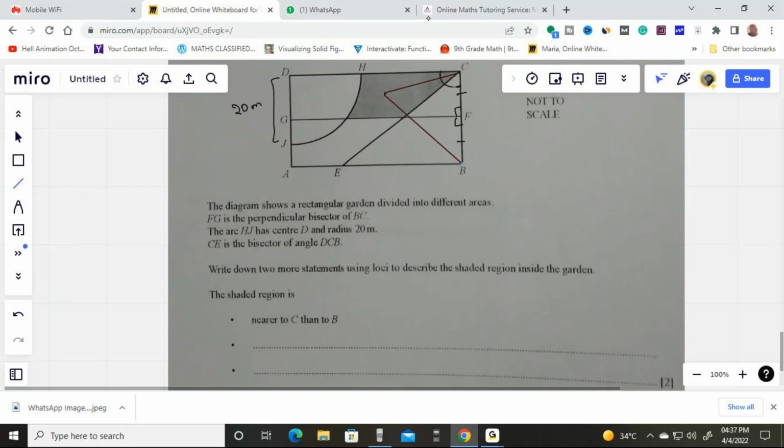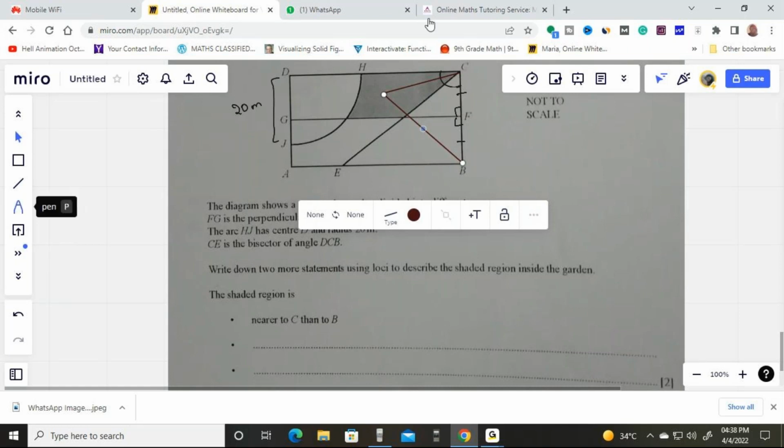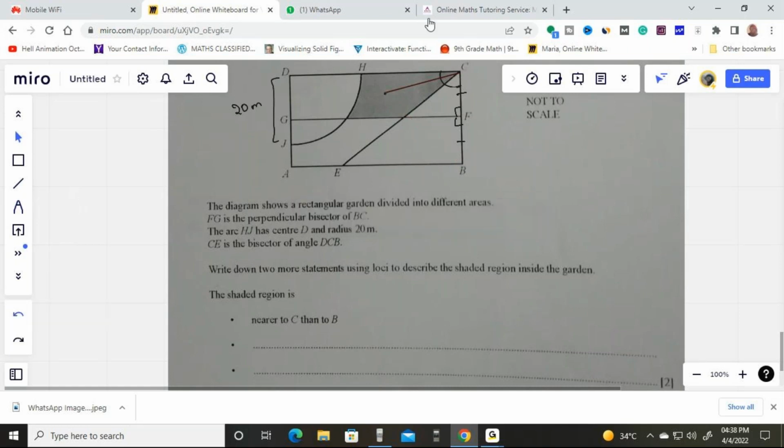There's a clear difference. This one is bigger and this one is smaller. So this point is nearer to C and far away from B. That's understood. Okay, I'm going to consider the same point, and I will say that this point is more than 20 meters away from your B. Clear?